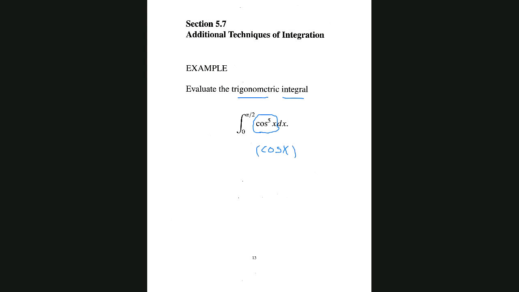So what you're computing here is the integral from 0 to pi over 2 of the cosine of x raised to the 5th power dx.